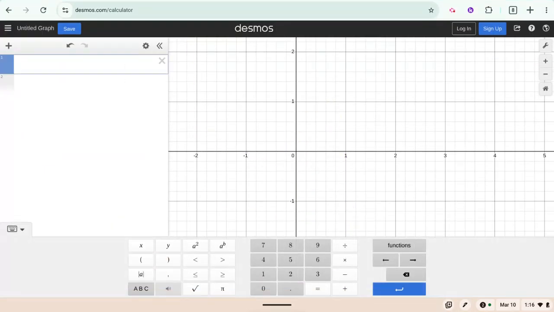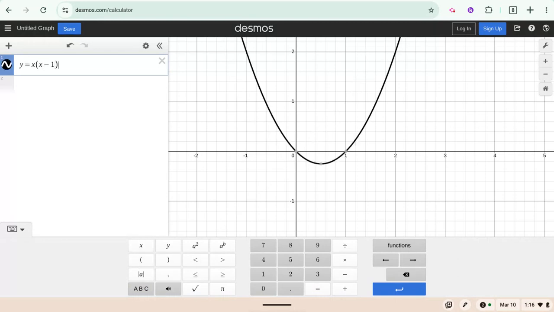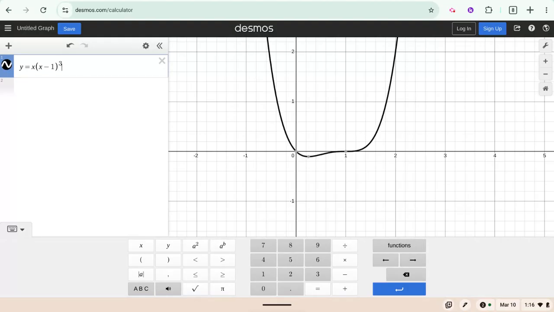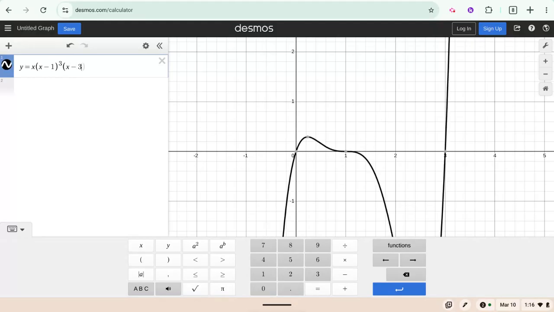Y equals, what did we have? We had an x, and then we had an x minus 1 to the power of 3. Then we had an x minus 3 in parentheses. We had to the power of 1, so I don't need to write that.